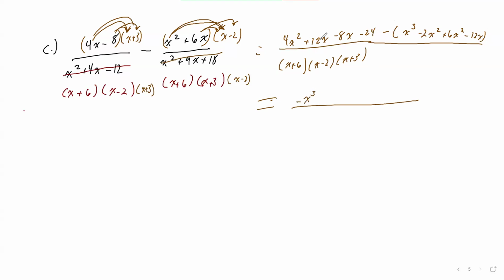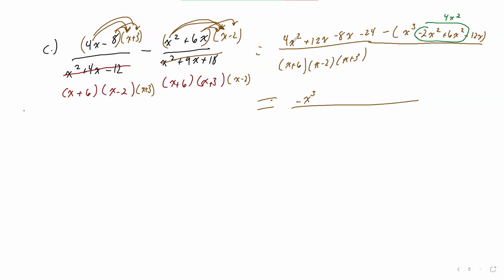Then I have 12x, oh, not a square. So I have 4x squared minus negative 2x squared. Let's clean this up just a little bit. I know that negative 2x squared and 6x squared is just 4x squared.